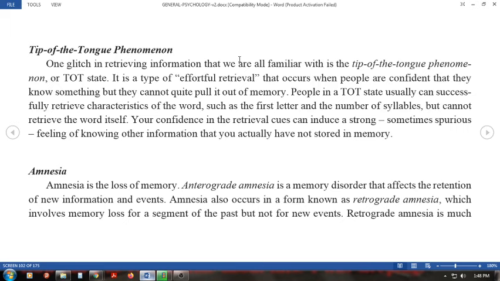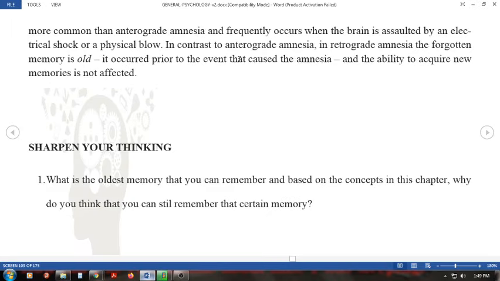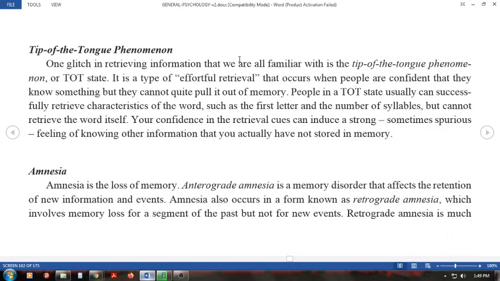So ang anterograde is affects the retention of new information, and then retrograde involves memory loss from the past. So sa retrograde, dili ka makadumdum sa imong past. Sa anterograde, maglisod ka o store og new information, thus imong mahinumduman lang is ang past. And so that ends our topic this session.